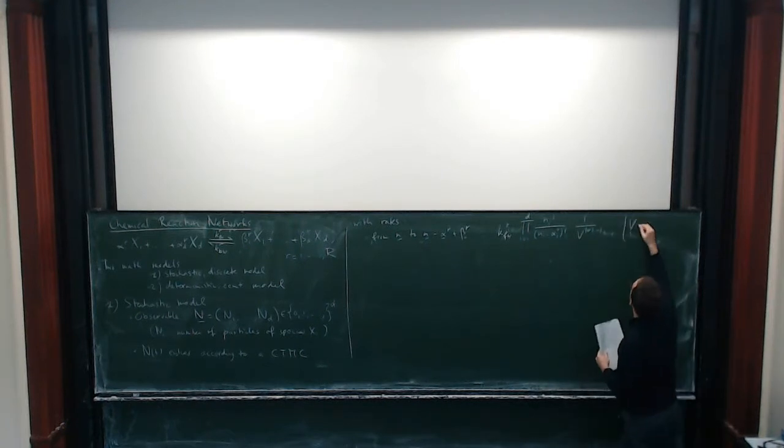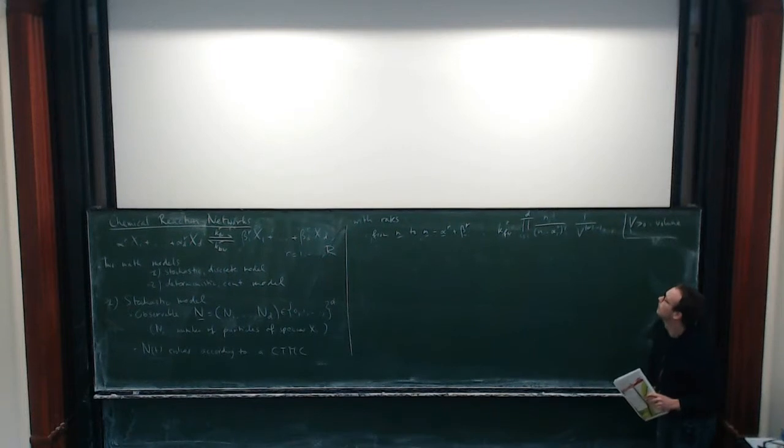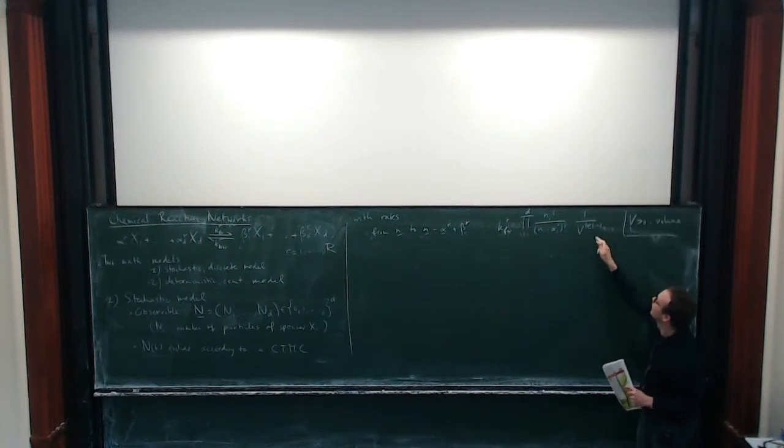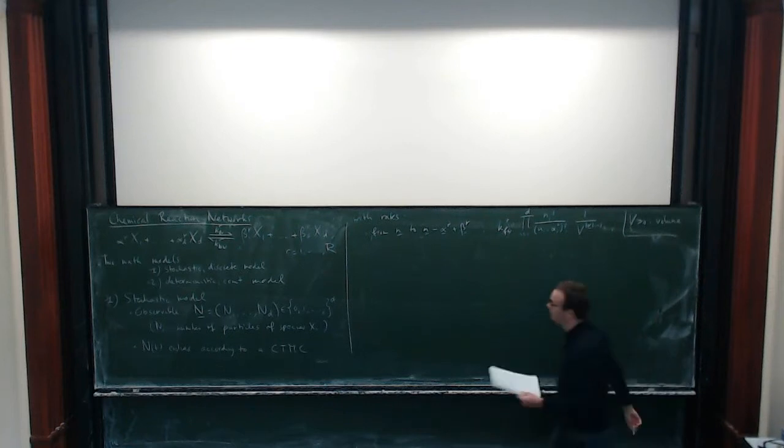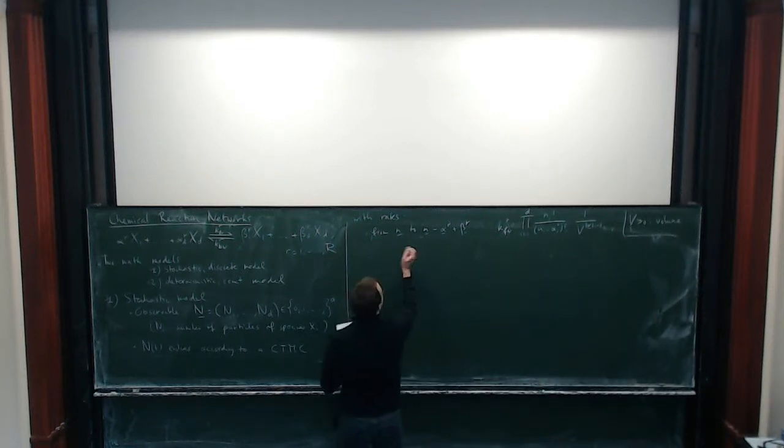So v is a parameter of your system denoting the volume. I'm using this vector notation all the time, so the norm of alpha is just the sum of the alpha i's. So this is in some sense the probability that all of these particles are in the same unit volume of your space, so that the reaction can occur.